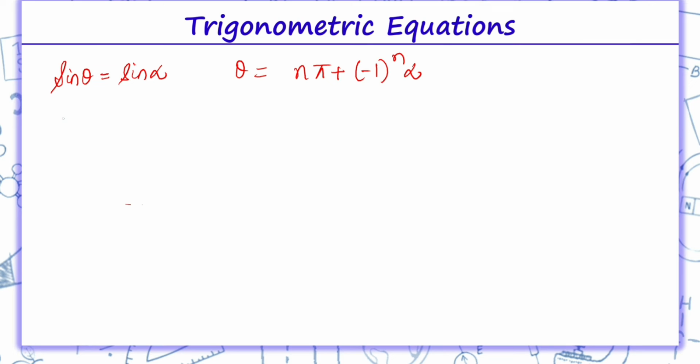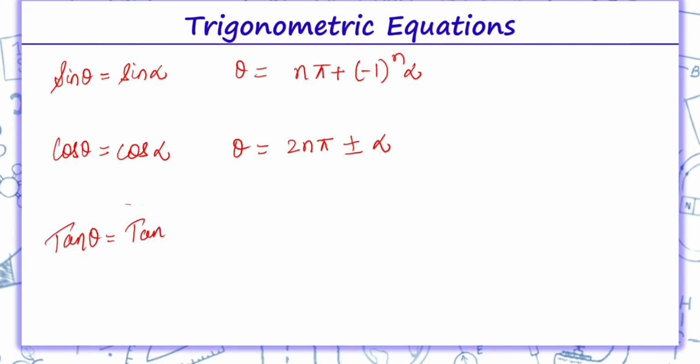Similarly, if it is cos theta equals cos alpha, here the general solution is given by 2n pi plus minus alpha. The third formula which we have, if tan theta is equals to tan alpha, here the general solution is given by n pi plus alpha.